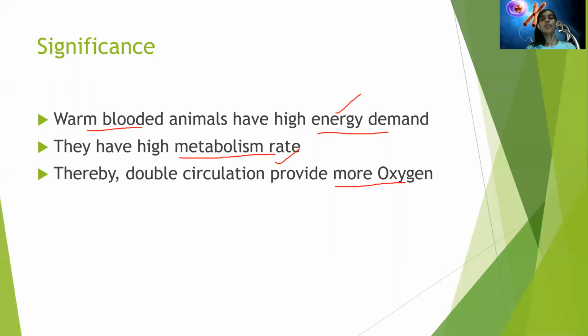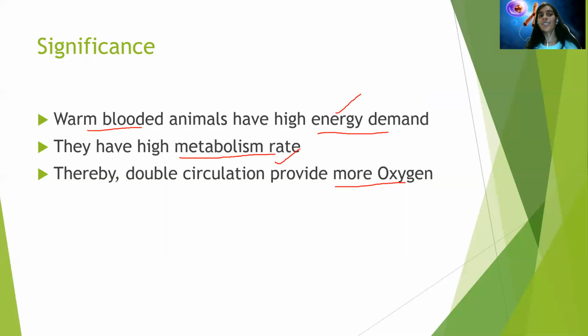So throughout the double circulation, I made you understand what we mean by double, what we mean by circulation, how you can define double circulation, then what the types of circulation are, pulmonary circulation and systemic circulation, what pulmonary and systemic represent, further how the blood flows from the lung to the heart to the body and body to heart to lung, how the heart has four chambers, how the body, lung, and heart are related to one another, and what the basic significance of double circulation is.